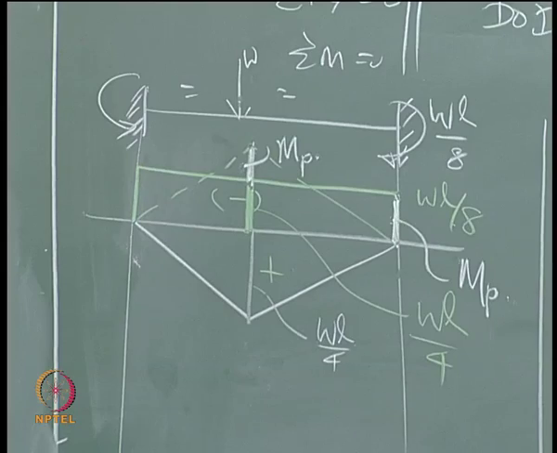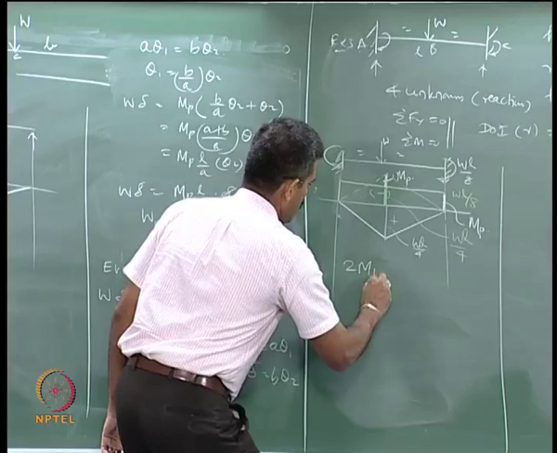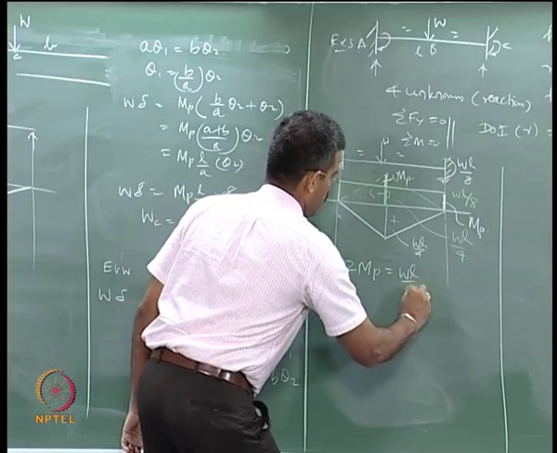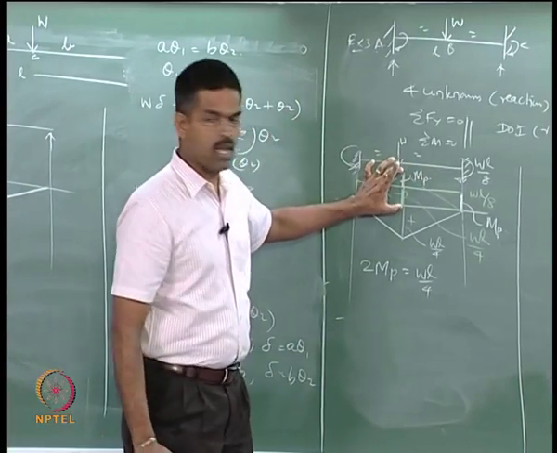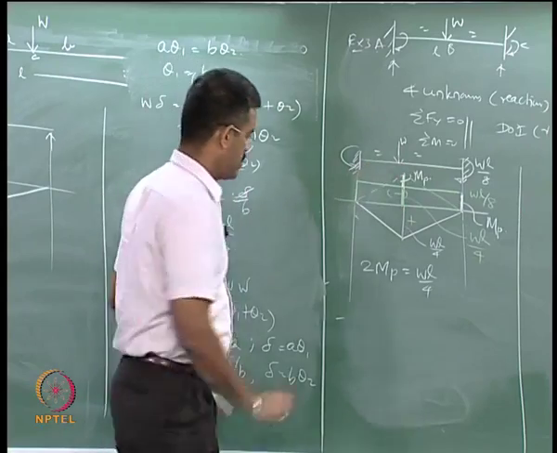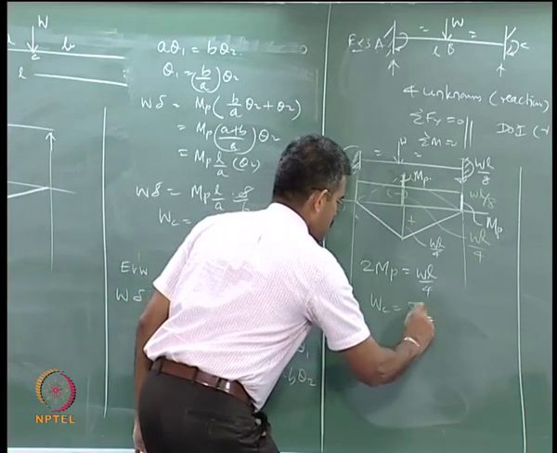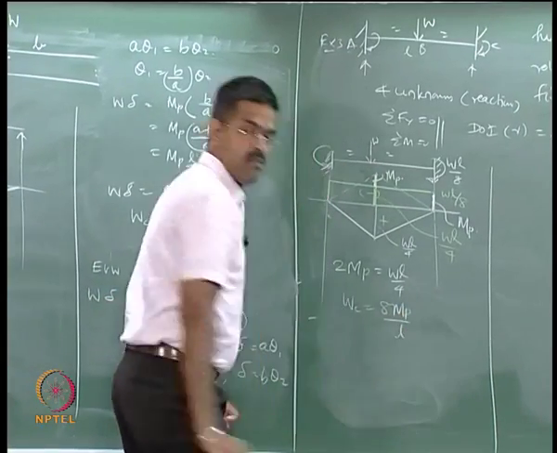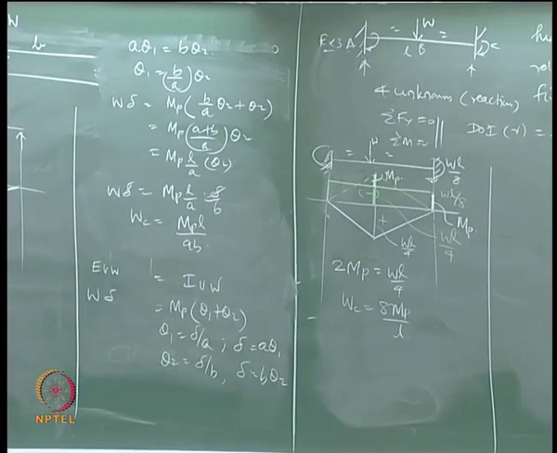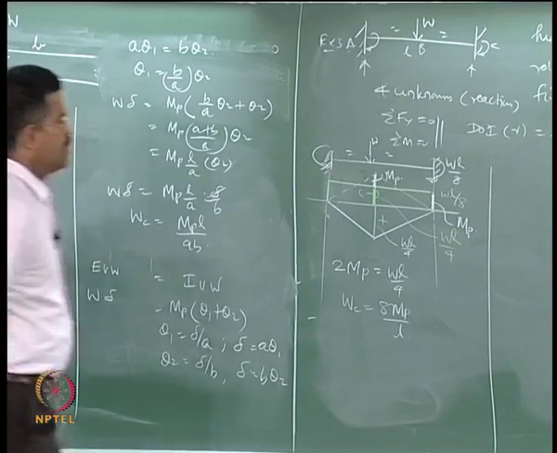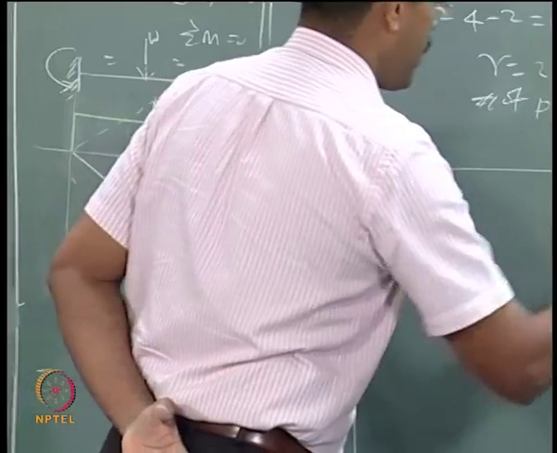So, I should say now 2 MP is equal to WL by 4. So, therefore, I can say WC is 8 MP by L, is it not? Let us do this problem by the kinematic theorem.